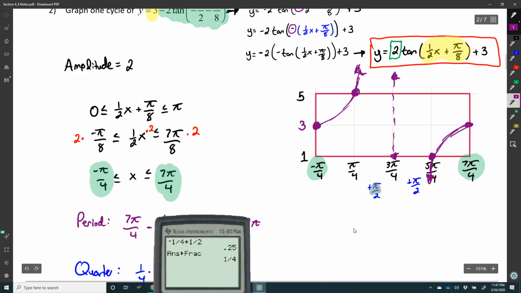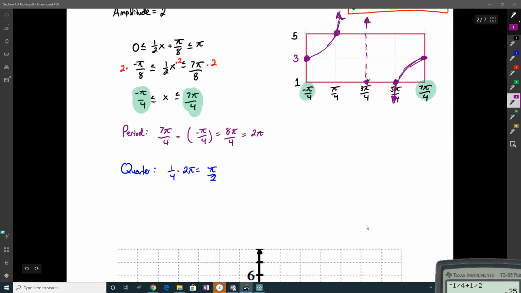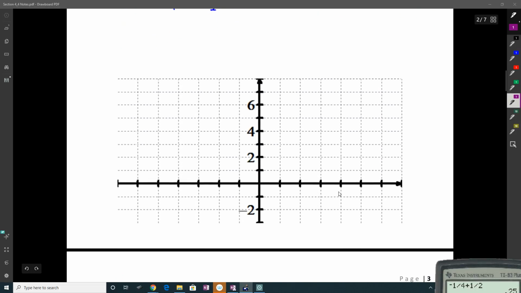All right, so let's put this in context and graph the whole thing. Going down to my graph, I have from 1 to 5. So first let's create labels. I have negative pi over 4. Use the black marker.